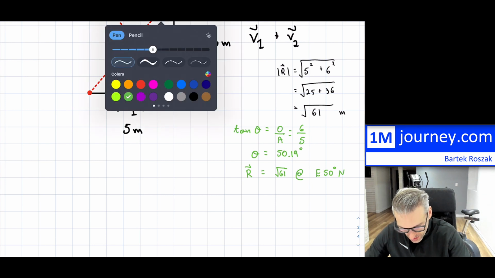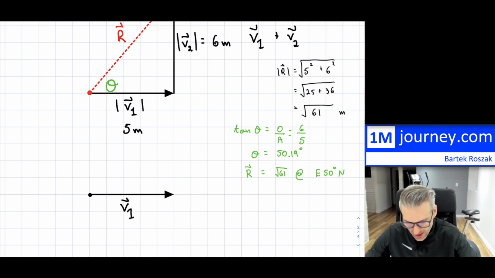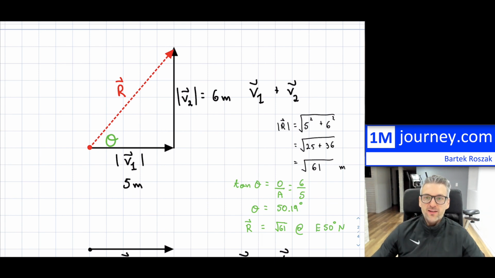But what if you were doing something of this nature, where here was your vector number 1, this is V1, so we know it's already 5. But now I want to be able to find V1 minus V2. Well, what would you do? Remember that the subtraction just means the addition of the opposite.